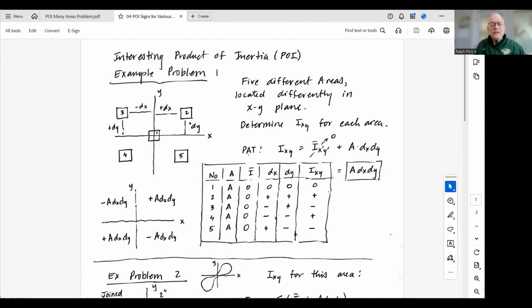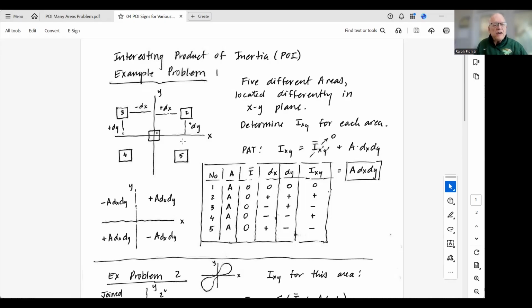Recall the parallel axis theorem for product of inertia. So IXY, which is the product of inertia of a given area about the X and Y axes, is equal to I bar XY of that area about its own centroidal axes plus its area times dx times dy.